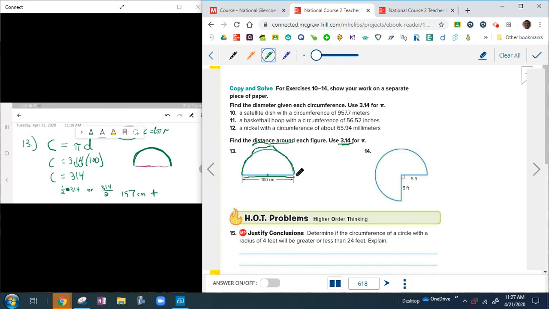We know that's already labeled for us. That's going to be 100. So our total is going to equal 257 centimeters. So we had to find the full circumference, then divide it by 2 or multiply it by 1/2 to get half of it for the semicircle, and then we added on this distance here.